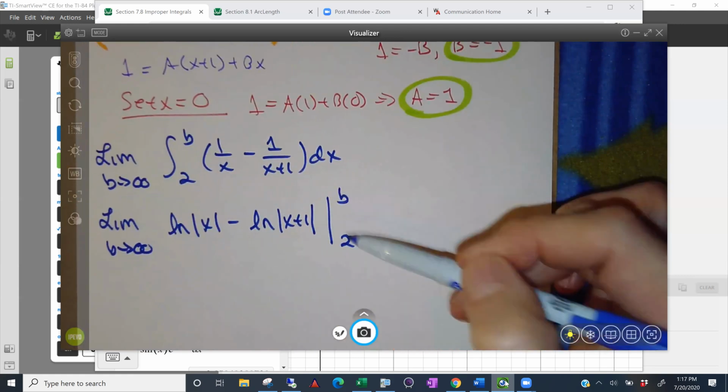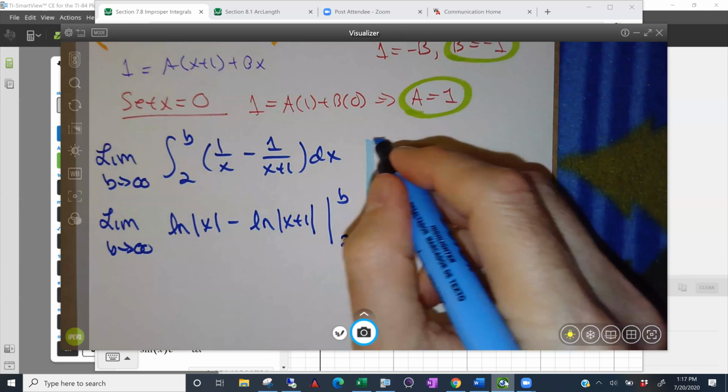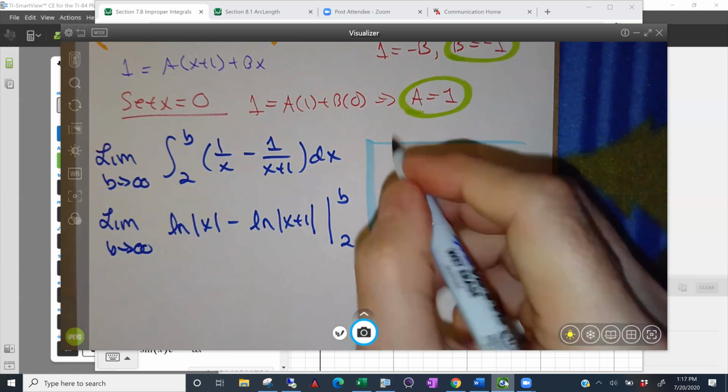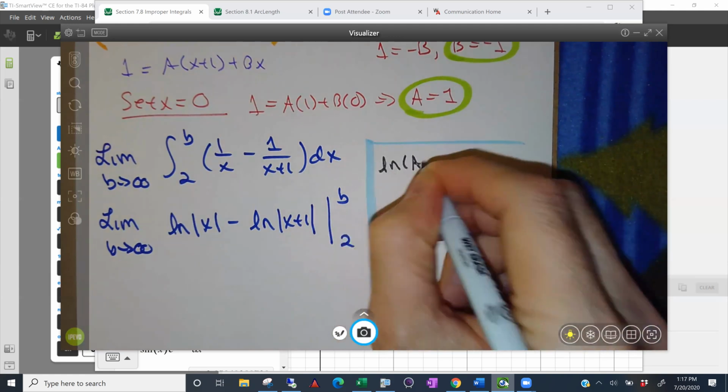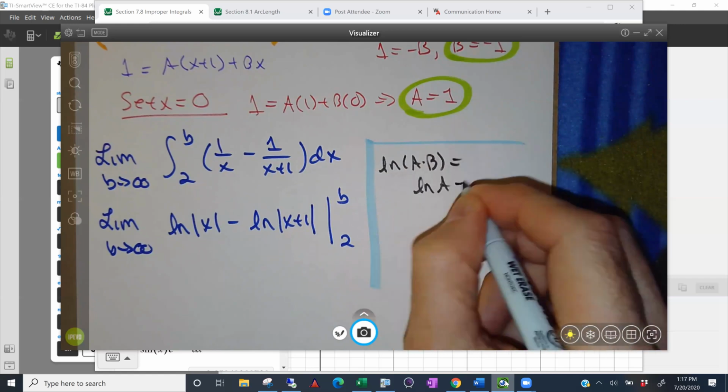Now, before I start hitting you up with some limits here, let me remind you of something that might be helpful, and that is your rules for logarithms. There's ln of a times b, which is the ln of a plus the ln of b.